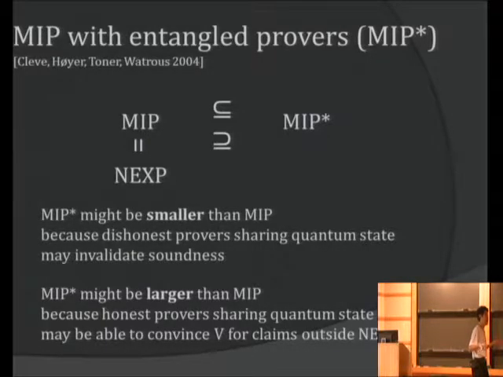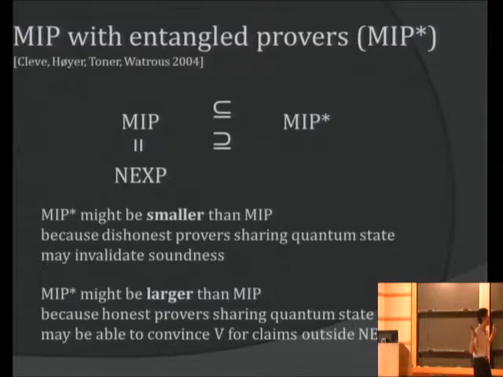It's the same as the classical multi-prover interactive proof systems, but now we allow provers to share any quantum state before the interaction starts. So one intuition might be: we allow provers to do more, so it must contain MIP.